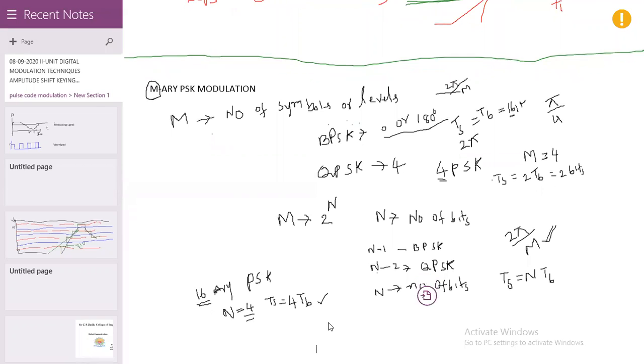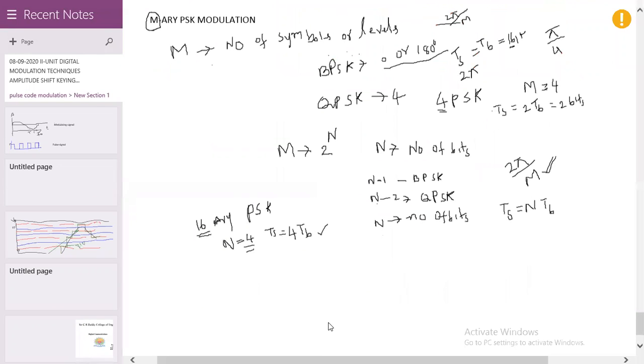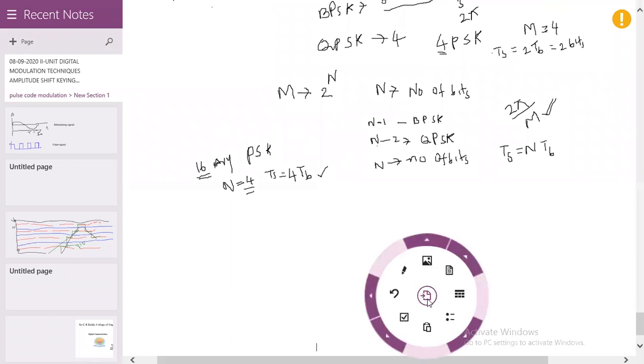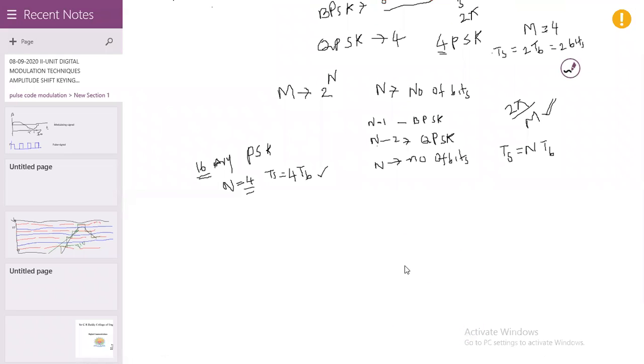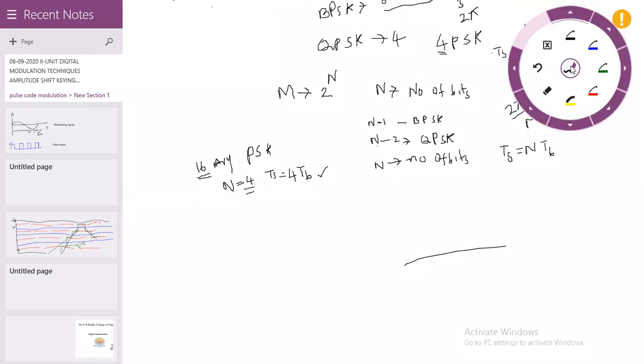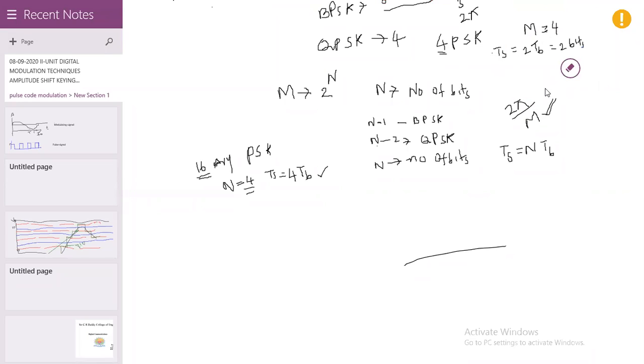Here the number of symbols can be increased, so to transmit the data, the bit rate can be increased. Now, what is the equation for M-array PSK?